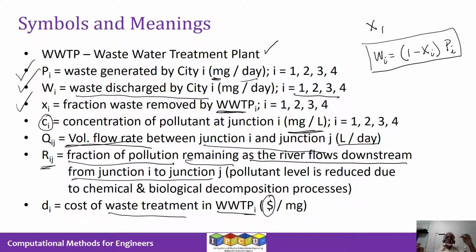So the government is right in saying at those junctions, the concentration of pollutant should not exceed a certain value. It must be lesser than or equal to a certain value that is decided by the dialogue between the government and the industries or the city councils, etc. Let's take this forward.